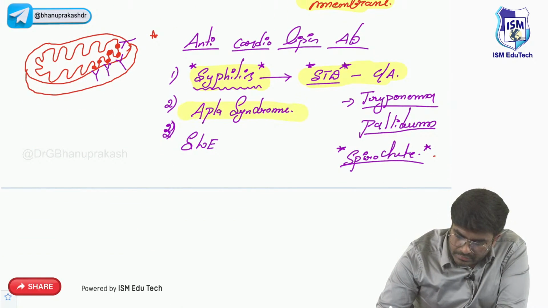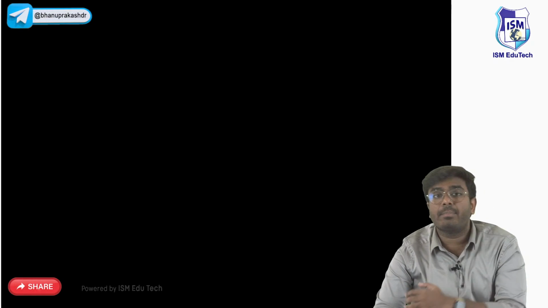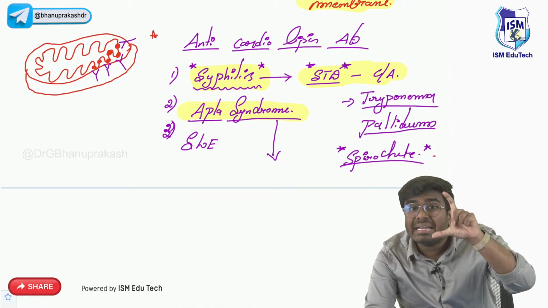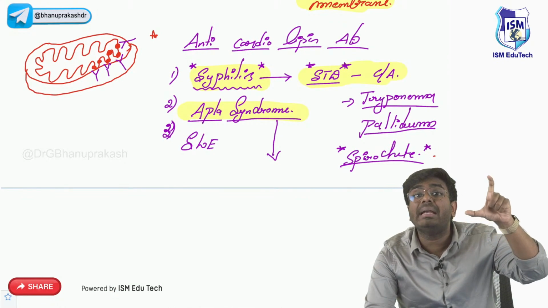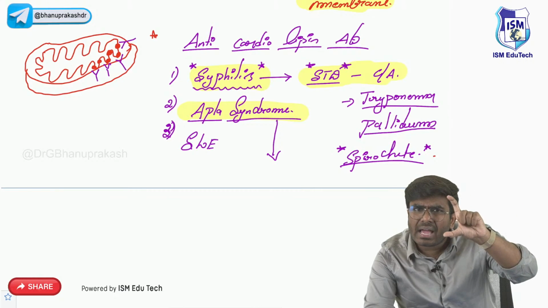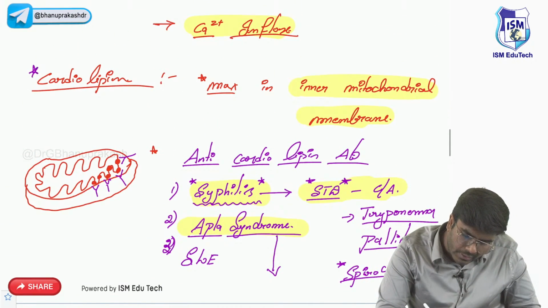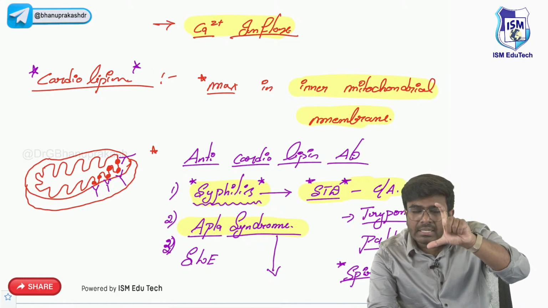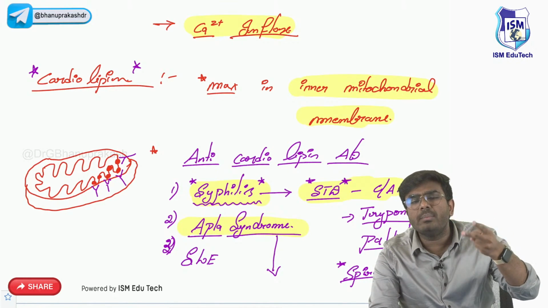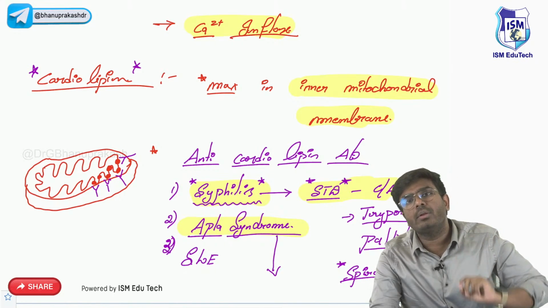Guys, especially from the OBG point of view, you have to know this APLA syndrome. Females who have APLA syndrome, as in the name itself, anti-phospholipid antibody. What is that phospholipid? The phospholipid is nothing but cardiolipin. So in anti-phospholipid antibody syndrome, the antibodies are formed against cardiolipin.